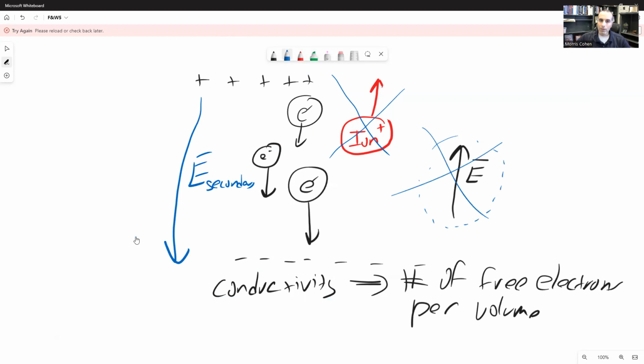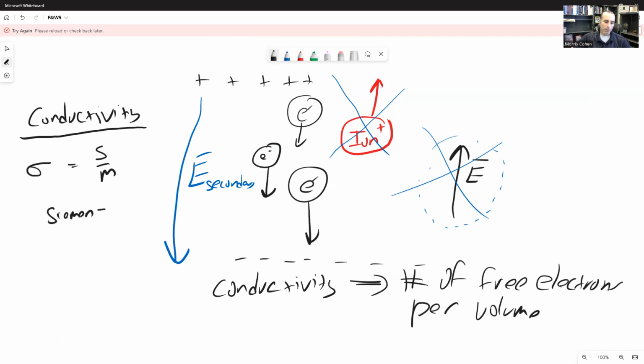Now, the way we characterize the number of these free electrons that are available is with conductivity. That is a material-dependent property. You can look it up in textbooks and research papers and tables, and you'll see a property called sigma, which has units of Siemens per meter, where a Siemen is basically a 1 over ohm, or sometimes it's written with an upside down omega, or sometimes it's a mho, MHO, which is ohm backwards.